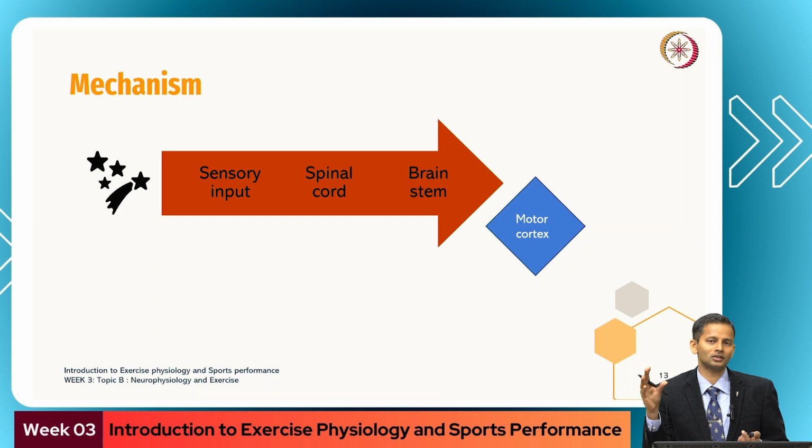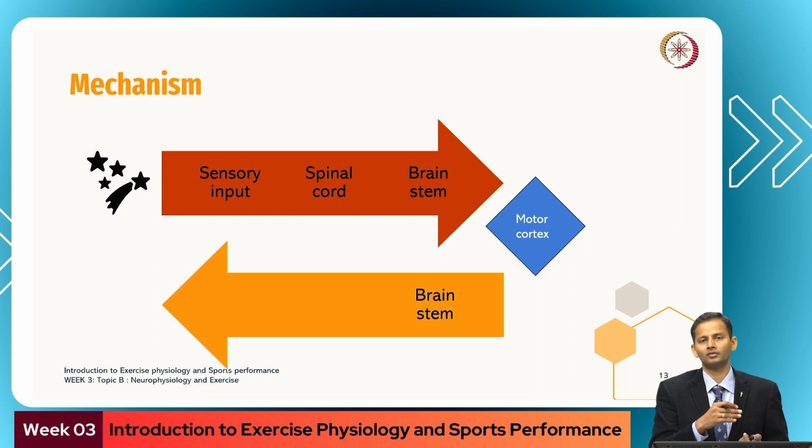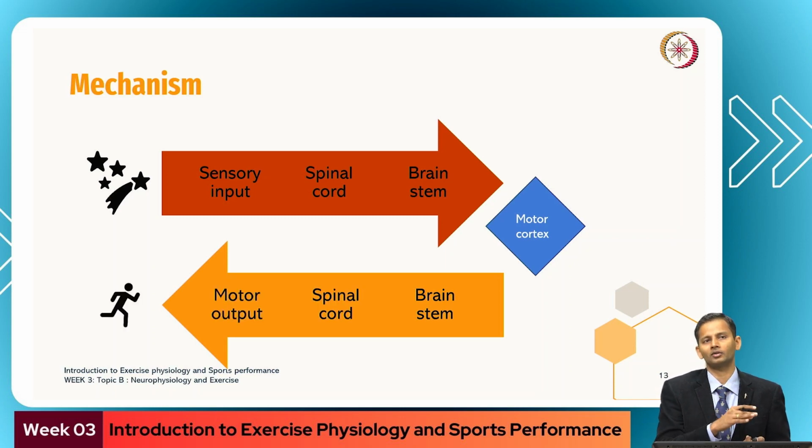The motor cortex is the region which analyzes all these inputs and then gives a signal to the effector organ to perform. That signal from the motor cortex again traverses back through the brainstem downwards to the spinal cord and thereafter to the effector organ to do that particular output. So that is the normal pathway by which a sensory signal traverses and then finally a motor output is performed.